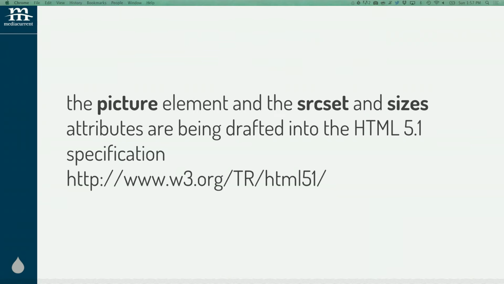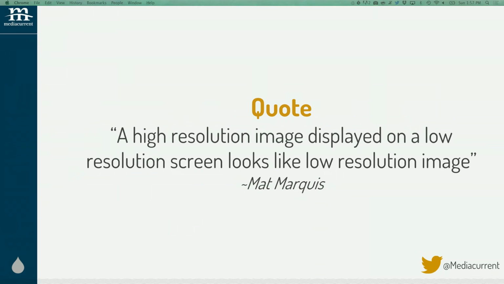And just so you know, I said earlier that this is probably the way things are going, because as you can see, the picture element, the source set and sizes attributes are now being drafted into the HTML 5.1 specification. So you can read a little more about that. This is important because a lot of people are saying, we're trying to provide high resolution images.